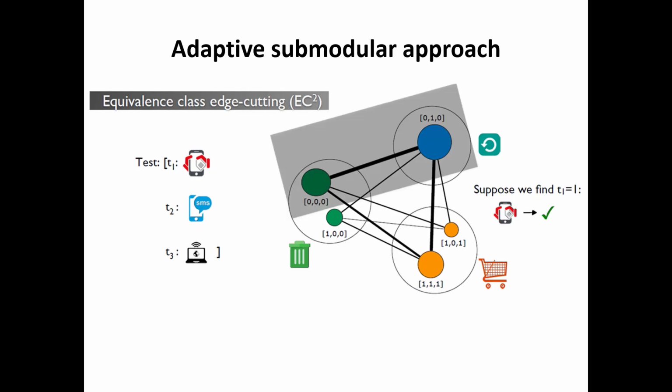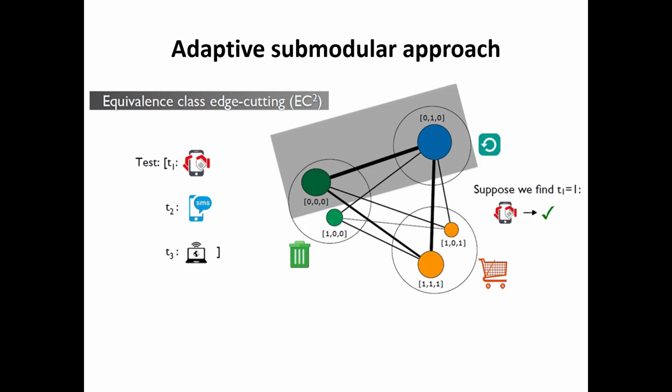Whenever we perform a test, for example, we perform T1 and we observe the outcome, which is 1, then we eliminate or remove a subset of inconsistent hypotheses and also the respective connecting edge weights.